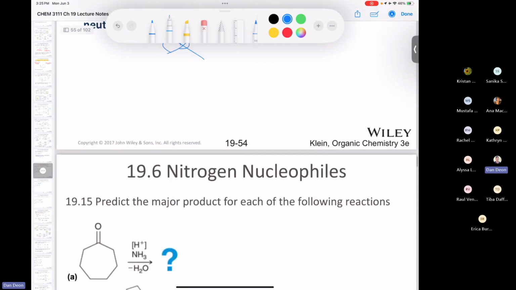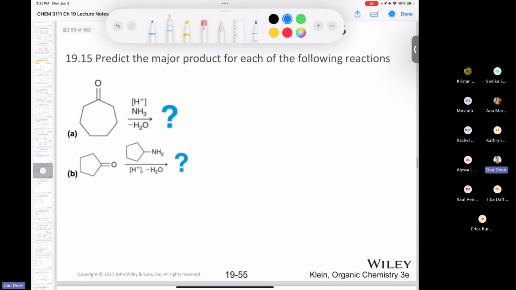So if we start with 19.15, it just says predict the major product, okay? We're not asked to draw a mechanism. Well, here we have a ketone, okay? And this isn't a primary amine, this is ammonia, okay? So we're using ammonia, which certainly isn't a secondary amine. It's like a primary amine in a way, except your R group is nothing but a hydrogen atom.